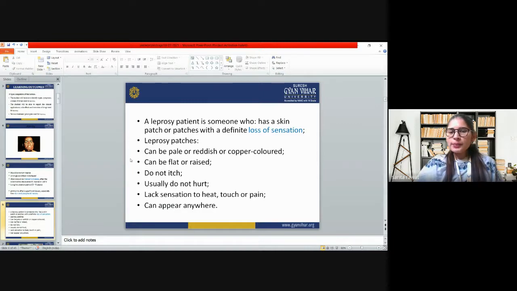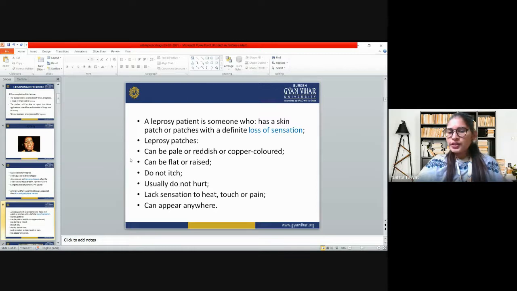Leprosy patches can be pale or reddish or copper colored. They can be flat or raised. They usually do not hurt; when we touch the patches, it doesn't hurt the patient because of the loss of sensation, and they also do not itch.